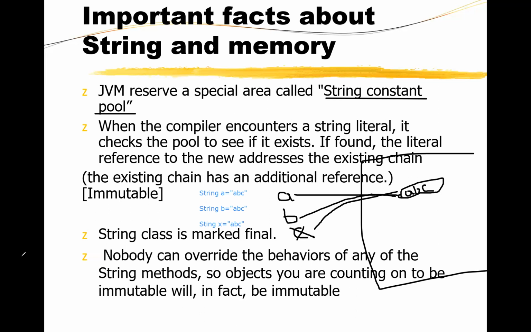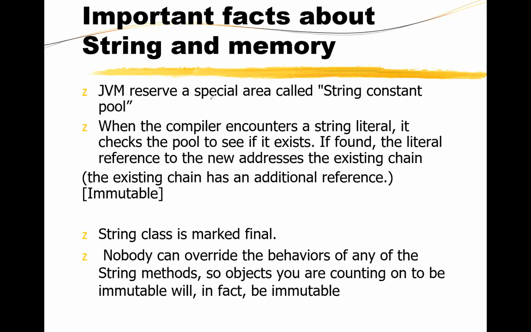Therefore remember, the JVM reserves a special area called the string constant pool, and when the compiler encounters a string literal, it checks the pool to see whether it exists. If it is found, the literal refers to the existing string, which then has an additional reference. Therefore, the values cannot be changed. Right?